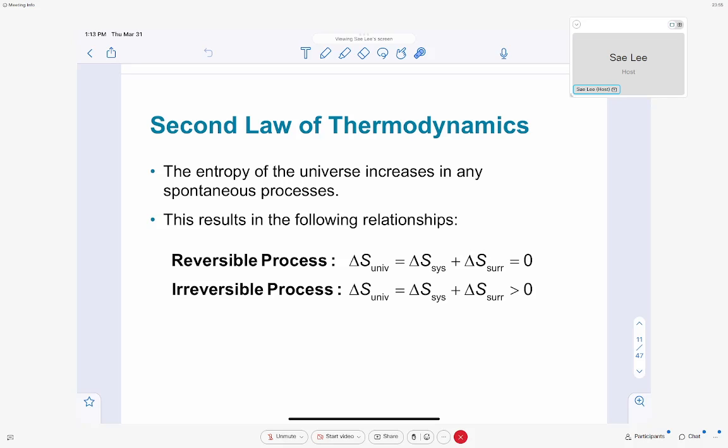And the second law of thermodynamics states that the entropy of the universe is always increasing. Any spontaneous process increases the disorder of the universe.